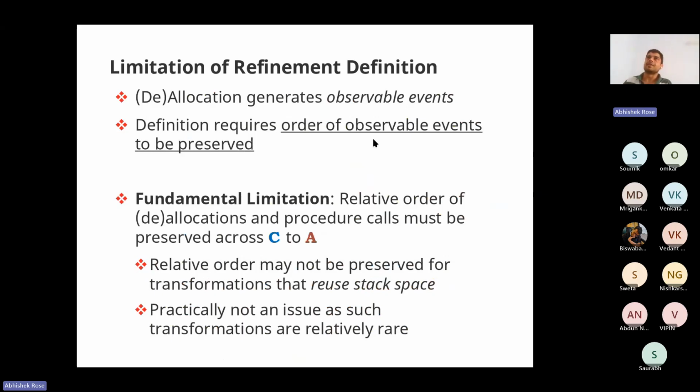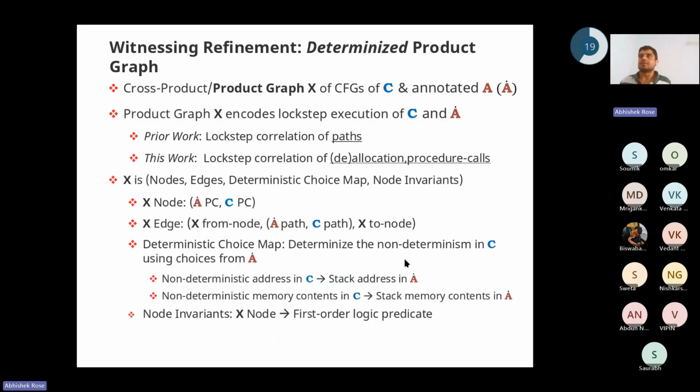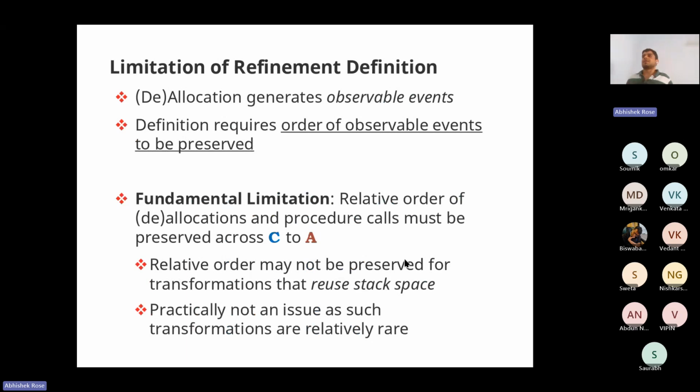We essentially require that the allocation, deallocation, and procedure calls happen in identical order across C and A. One class of transformations where this ordering is not preserved are transformations that reuse stack space. These transformations are, I would say, relatively rare, so practically it's not a big issue.